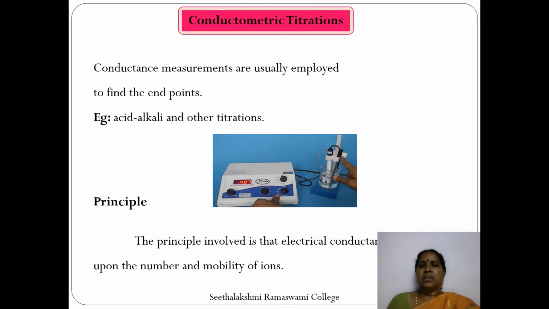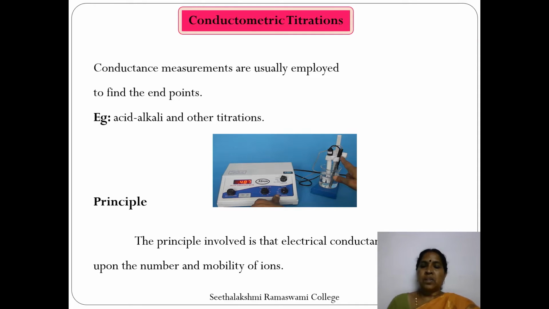Initially, for example, if we are going to titrate hydrochloric acid with sodium hydroxide, 40 ml of hydrochloric acid is taken in the beaker. Why are we taking 40 ml? The conductivity cell must be well immersed in the solution. Accordingly, the volume must be chosen.